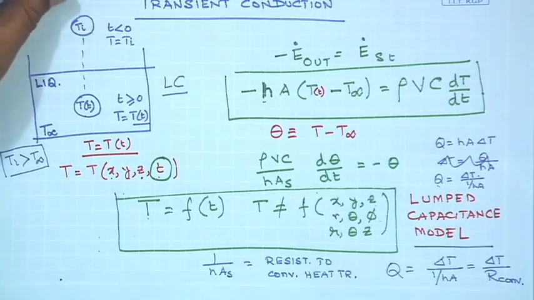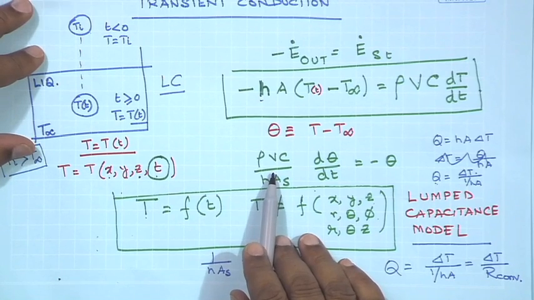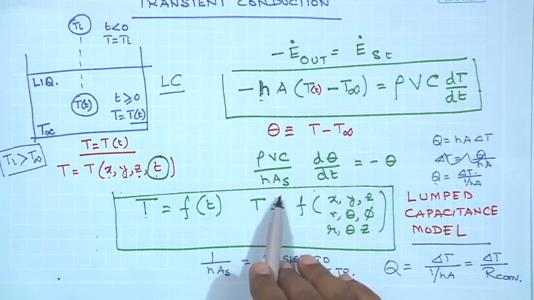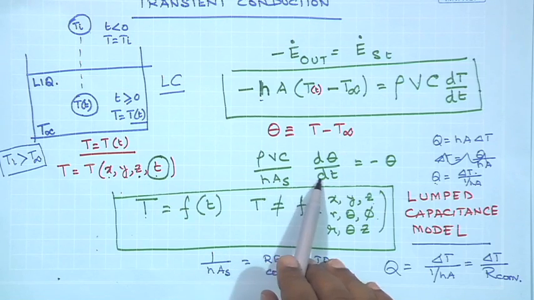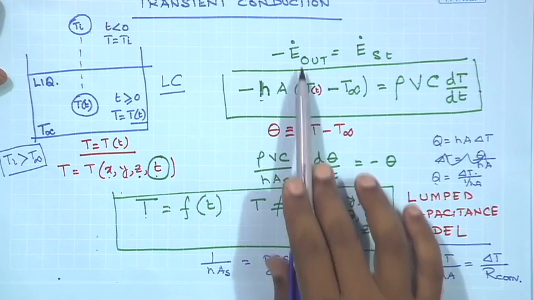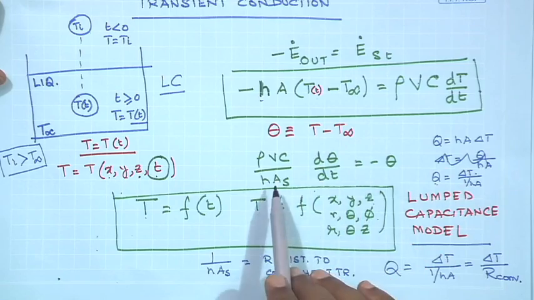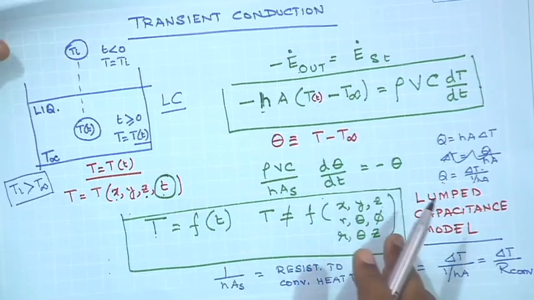Now, I go back to this formulation, rho V C, this is the governing equation which we have written. This is essentially E dot out is equal to E dot stored, and you get this expression.